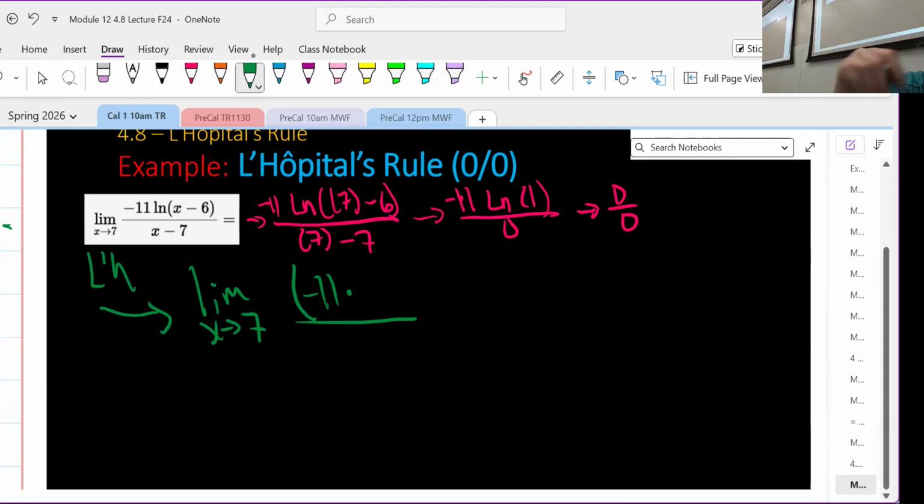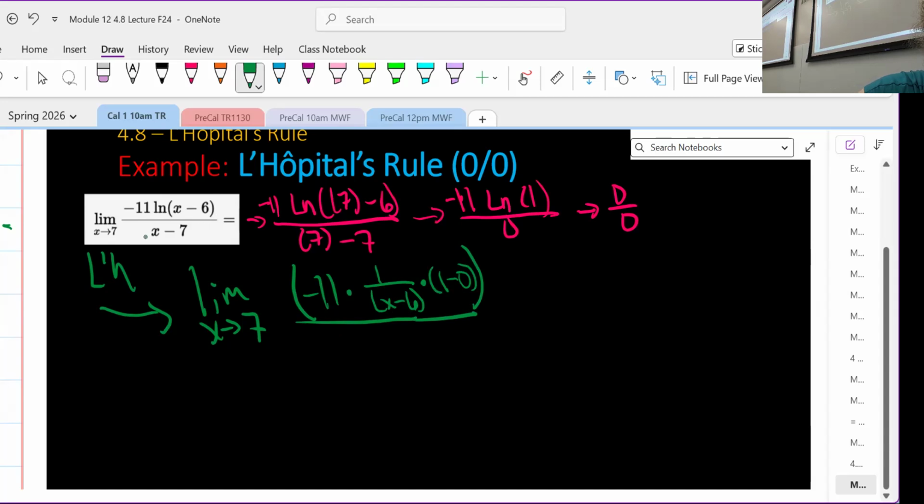Yep, 1 over whatever's inside the natural log. So the inside of the natural log here is x minus 6. And then chain rule says we take the derivative of the inside. The derivative of x minus 6 is 1 minus 0. So that's our full long drawn out derivative of the top.